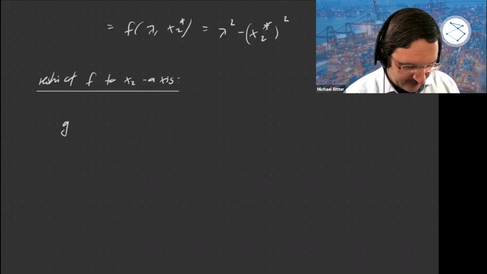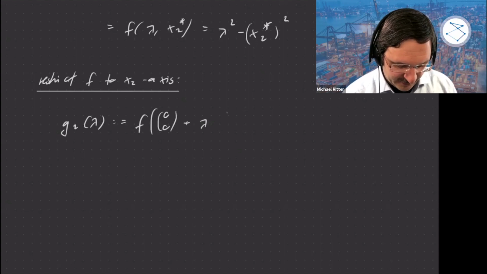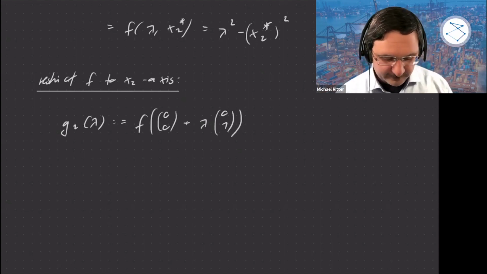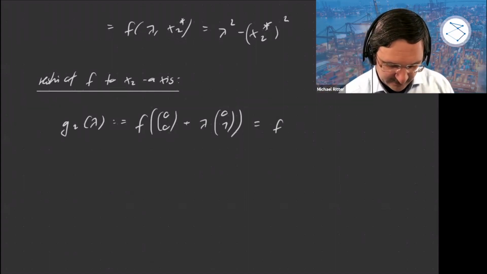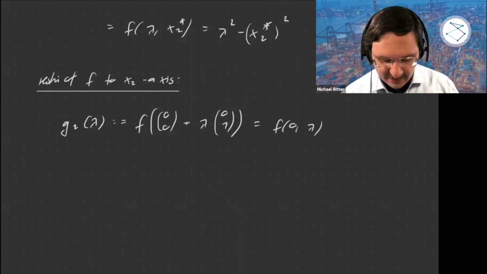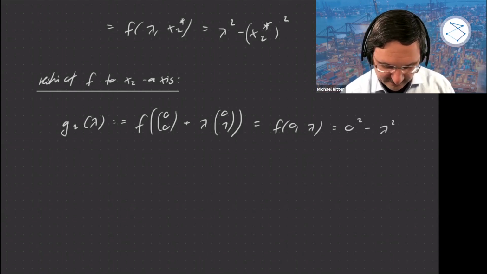Then again, we get a function, let's call it g2 of lambda. That will be f of 0, 0 plus lambda times 0, 1. So we only move along the x2 axis. That means the x1 input is 0. The x2 input is lambda. So we get 0 squared minus lambda squared, and that's minus lambda squared.